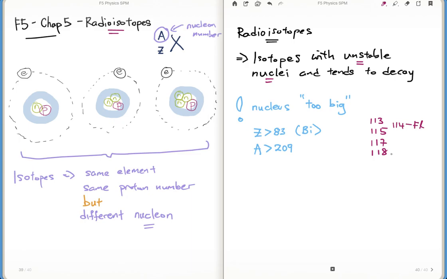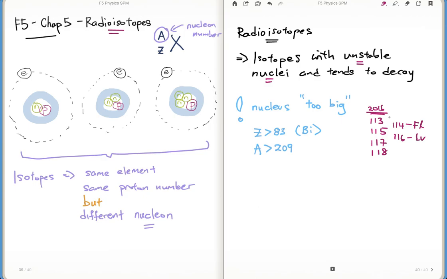And previously, they have also found 116, which is actually livermorium, Lv. So in the last few days, I just found that scientists have just found out these elements. Today is 2016. They just found this.